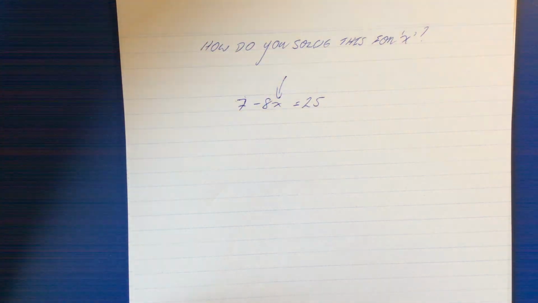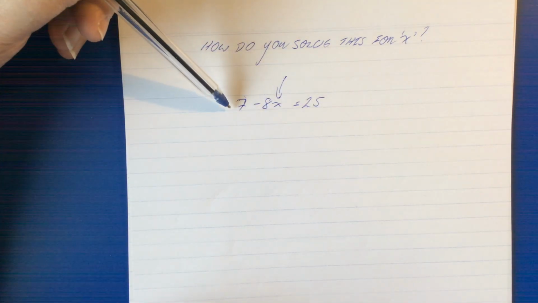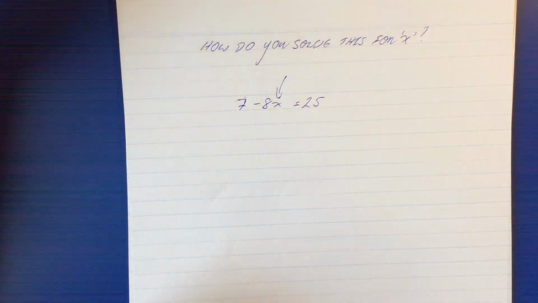So when you unpick an equation like this, you start with things like addition and subtraction, and you work your way towards multiplication, division, exponents, indices, whatever you want to call them, logs, and brackets or parentheses.